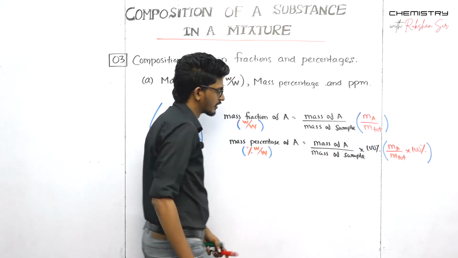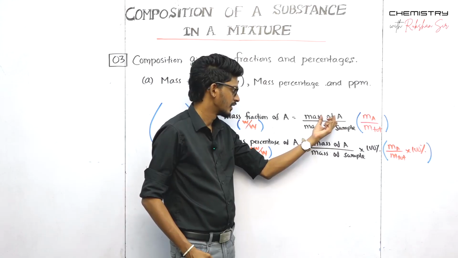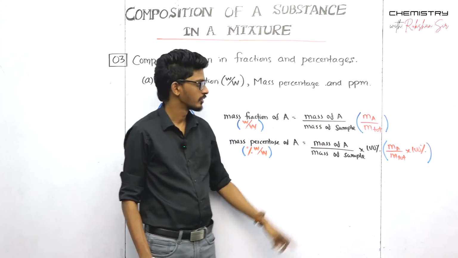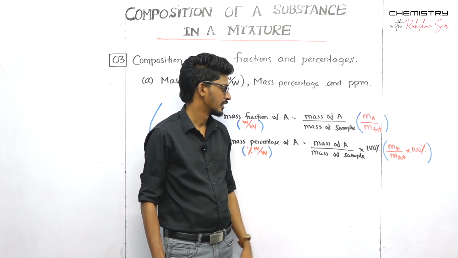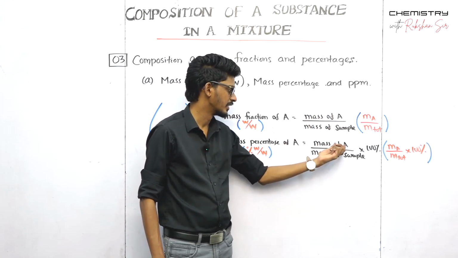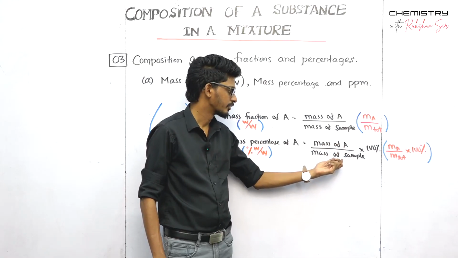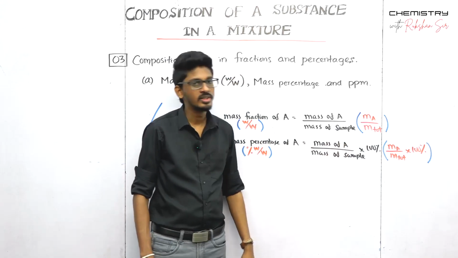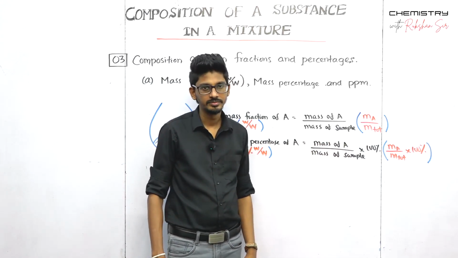If you apply the mass of A in grams, you have to apply the mass of sample also in grams, so the grams will cancel off. Here as well, if you apply the mass of A in kilograms, you have to apply the mass of sample in the same unit. So the units will cancel off, giving you just a number.